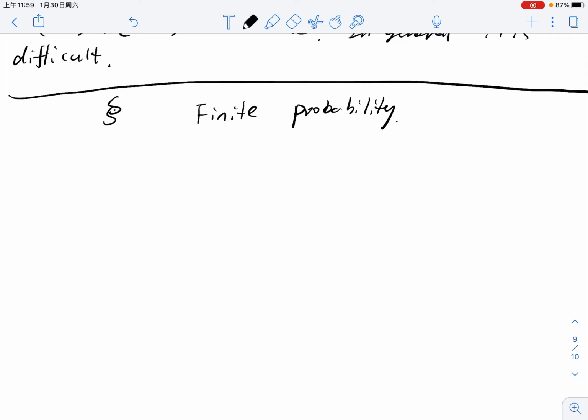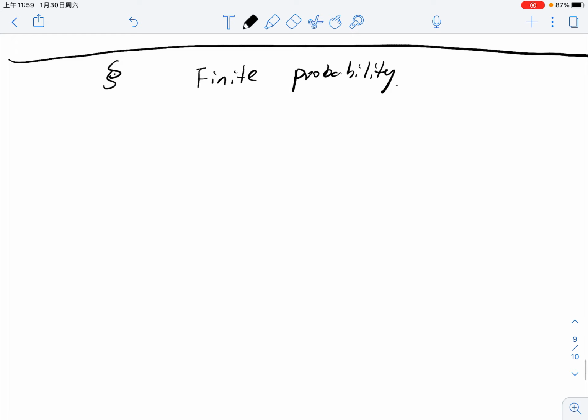Actually, in physics, probably there is no strong distinction between the finite and the modern one, because you can always discretize them. You just view them as a Dirac measure. Okay, so I will not talk too much about the other things. Just focus on its connection to combinatorics.